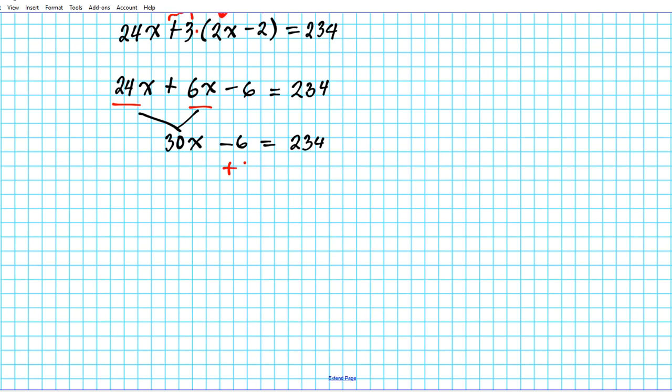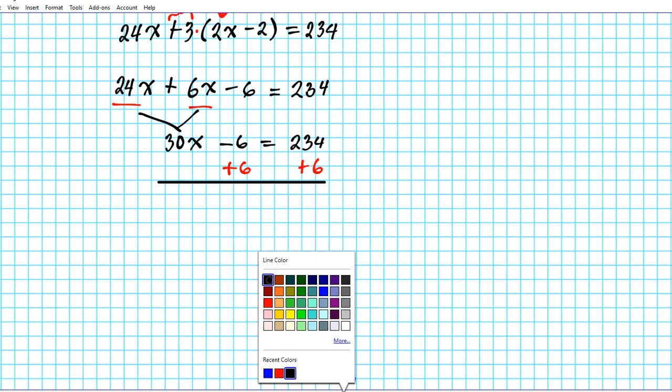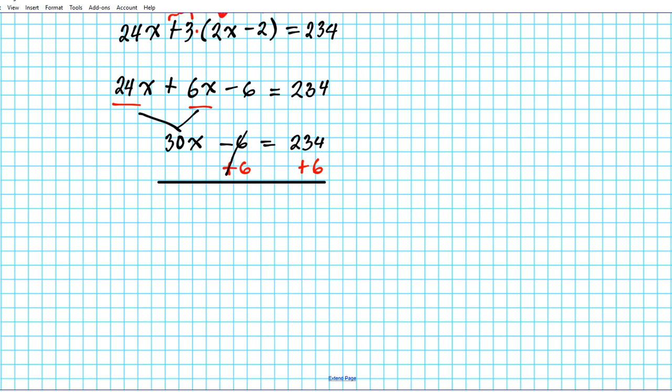Okay, let's proceed. Add 6 to both sides of your equation. When we do that, what do we have? This adds up to 0 since they're opposite. 30x is equal to 240.